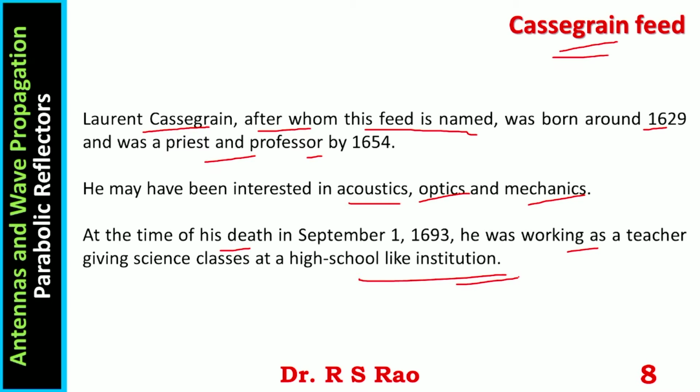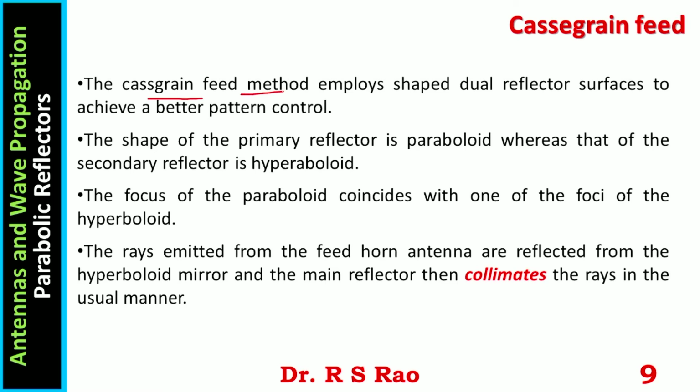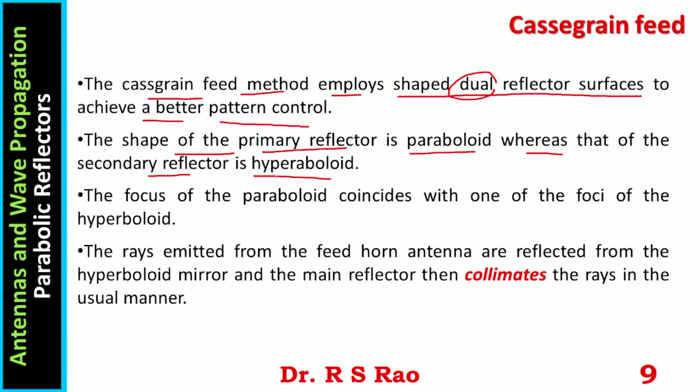These are some points in which we may be interested regarding Laurent Cassegrain, after whom this particular antenna is named. The Cassegrain feed method employs a shaped dual reflector surface. Two reflectors are there, with shaped reflector surfaces to achieve better pattern control. The shape of the primary reflector is a paraboloid, whereas that of the secondary reflector is a hyperboloid.